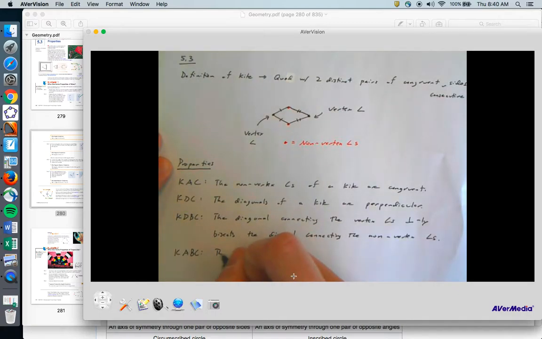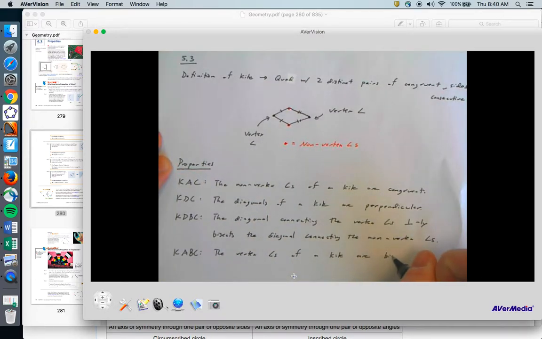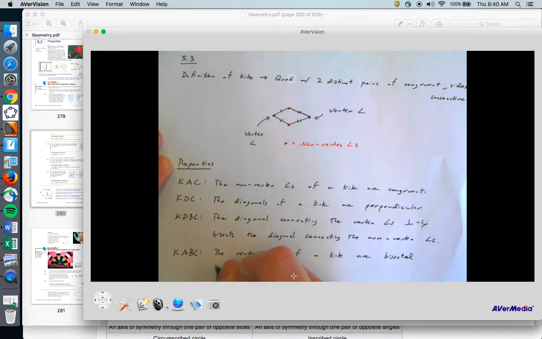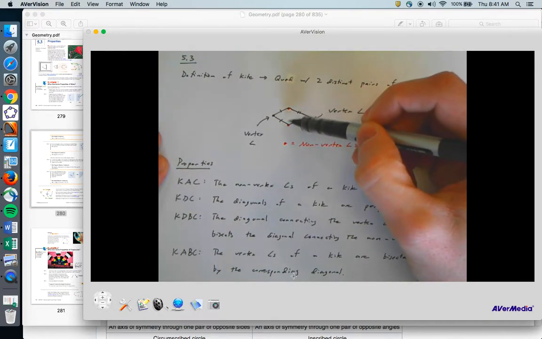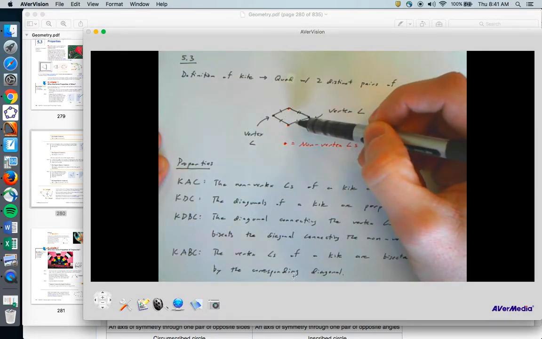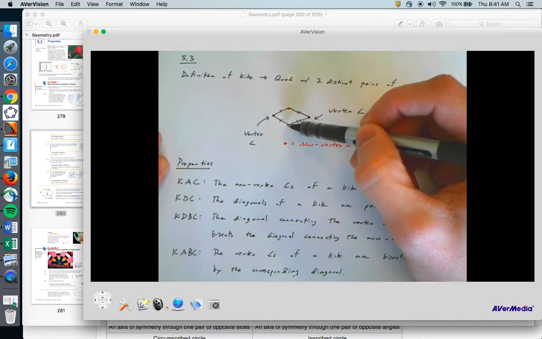KABC: the vertex angles of a kite are bisected by the corresponding diagonal. Again, these non-vertex angles, this actually isn't the best example, shocker, because I hand drew it, but these angles don't always get bisected by their diagonal, but the vertex angles have to.